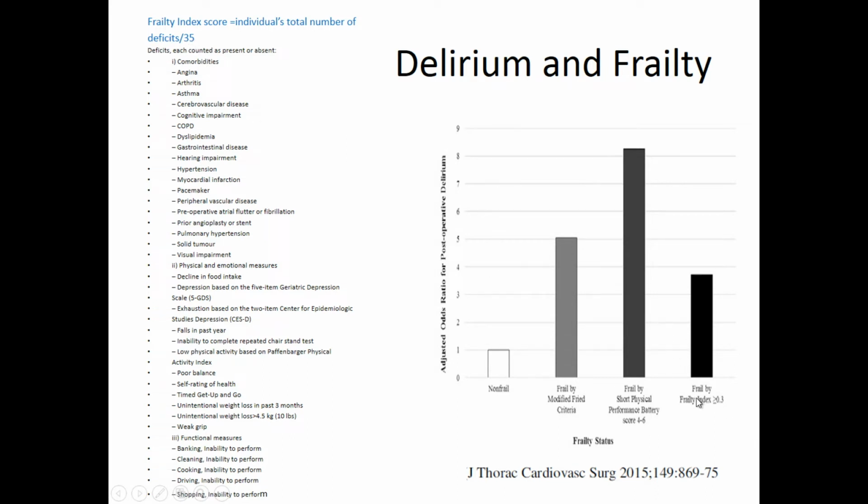And in this case, if you have a score that's greater than or equal to 0.3, which would be about 11 or 12 of the elements on this scale, then your odds ratio for developing postoperative delirium exceeds 3. And so it's not hard to see how a person, especially an older person, could accumulate many of these risk factors for frailty, and that their risk for developing delirium would be quite considerable.